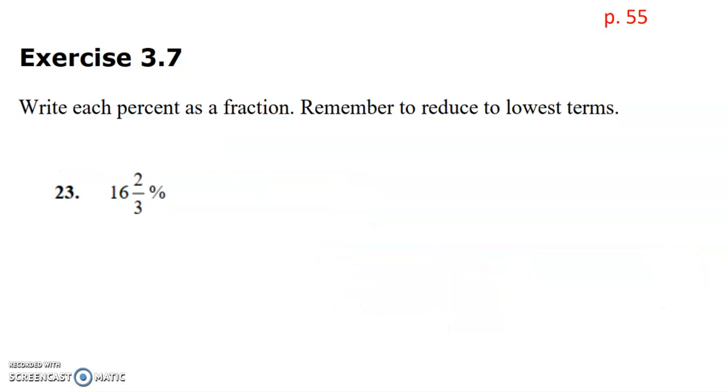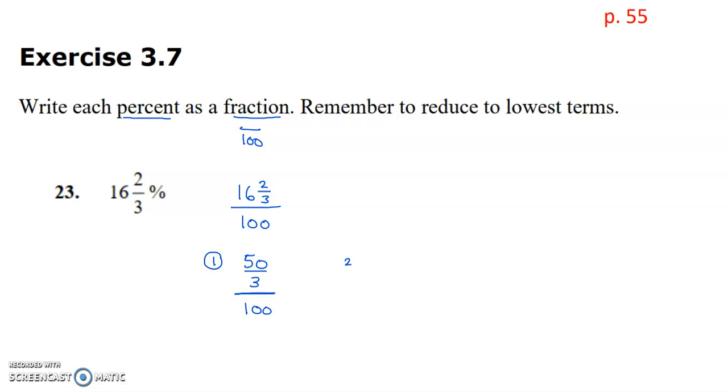So let's try those steps one more time. We're going to change percentage to fraction by placing over 100. Here we have a fraction percentage. So we're going to take 16 2/3, put that over 100, and now we go ahead and change to improper. So 3 times 16 plus 2 is 50 over 3 over 100.